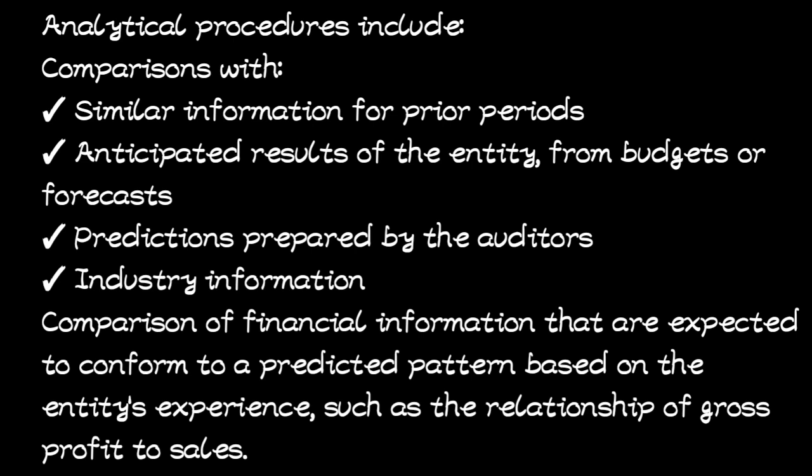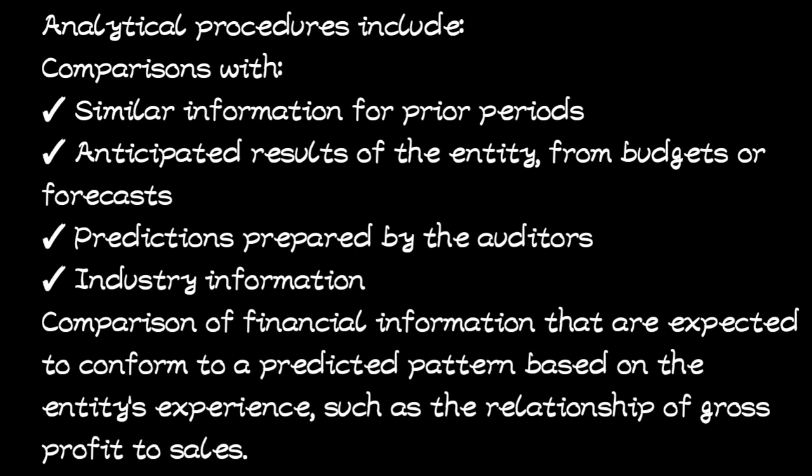Like you compare the current year and the previous year. You compare the sales of the current year and the previous year to see if there is a difference, then that difference should be investigated. You compare the purchases of last year to the purchases of this year, then investigate the difference. Then you compare expenses like that. So there is comparison of information with a prior period.